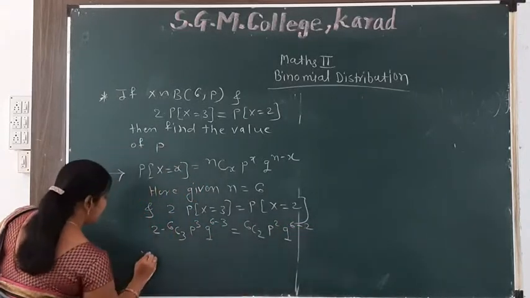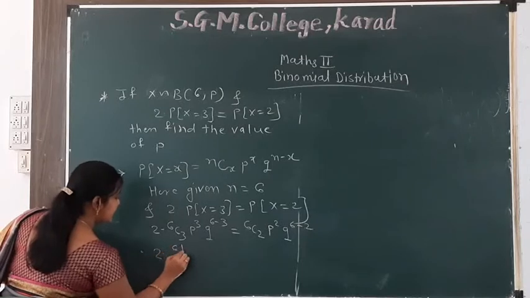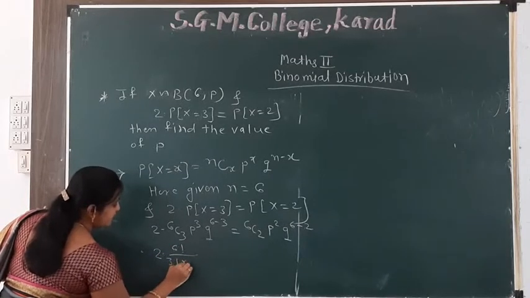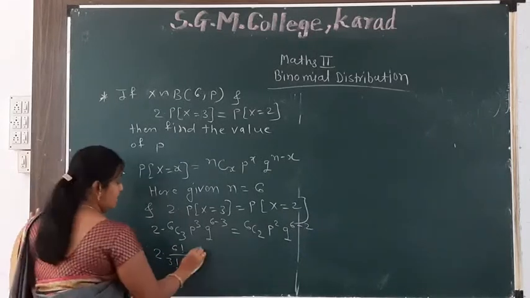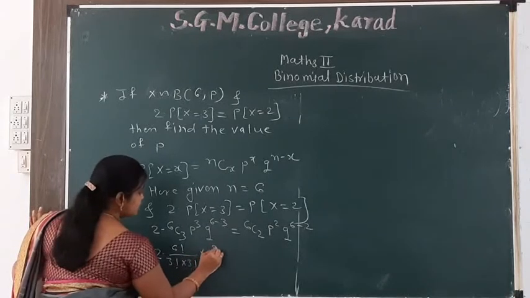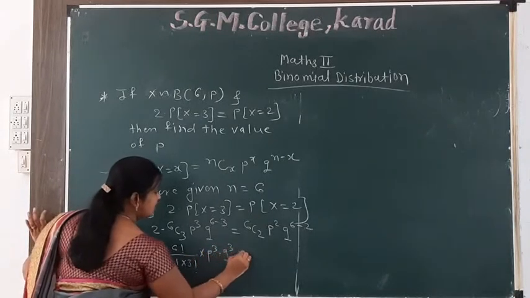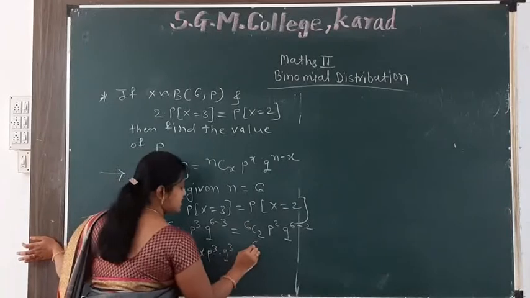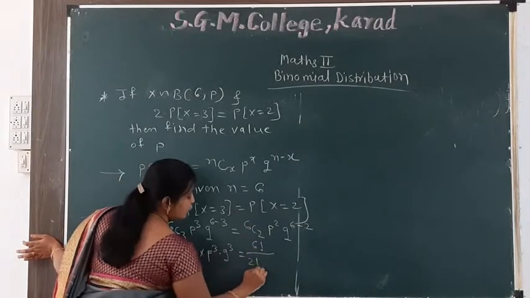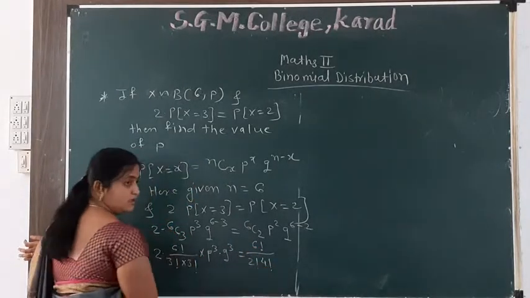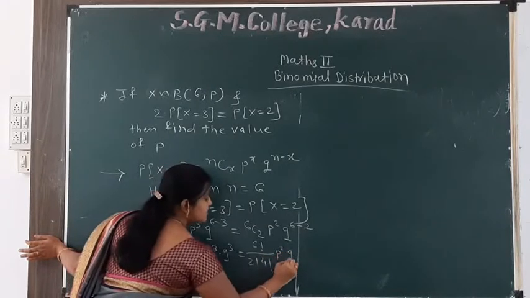Simplify. So 2 multiplied by 6 factorial upon 3 factorial multiplied by 3 factorial, multiplied by p cubed q cubed, is equal to, again using the combination formula, 6 factorial upon 2 factorial multiplied by 4 factorial, p squared q raised to 4.